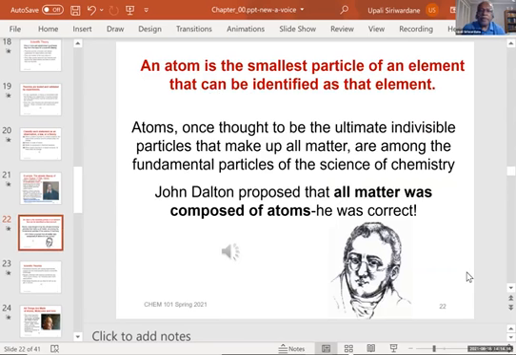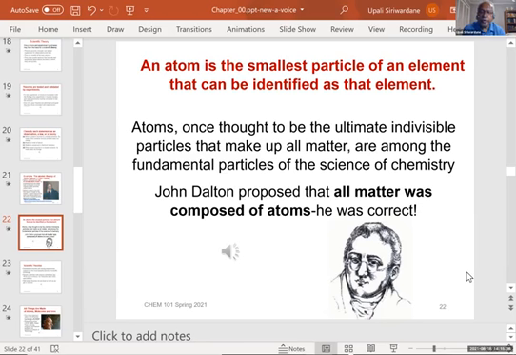His idea is that an atom is the smallest particle of an element that can be identified as that element. Atom is matter, there are elements. Elements have fixed properties. Like copper, iron, oxygen, their smallest particle is the atom, oxygen atoms in oxygen molecules. Atoms were once thought to be the ultimate indivisible particles that make up matter, and they are among the fundamental particles of the science of chemistry.